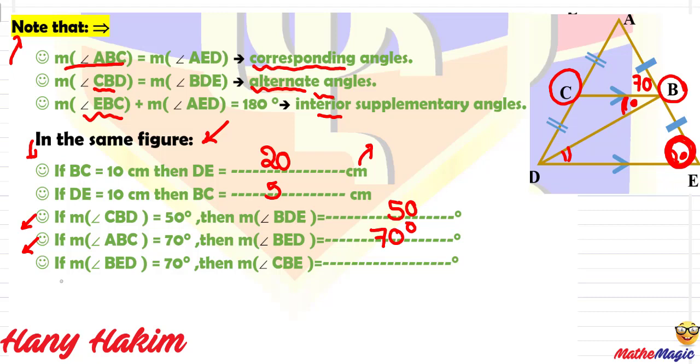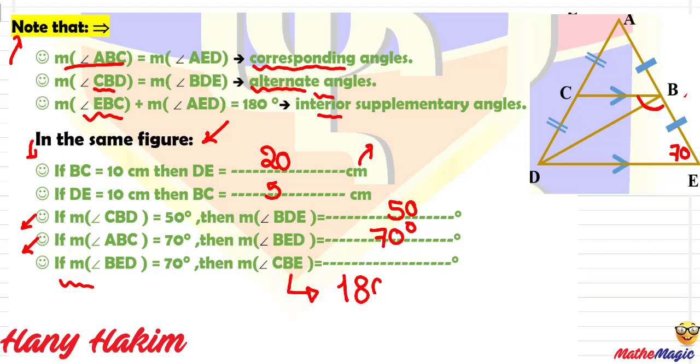The last one, if the measure of the angle BED, where is that BED, that one equals 70. He asked you to find CBE, that one. These two angles form the letter U, so the sum of them equals 180. So I can get CBE by subtracting 70 from 180 to get 110 degrees.